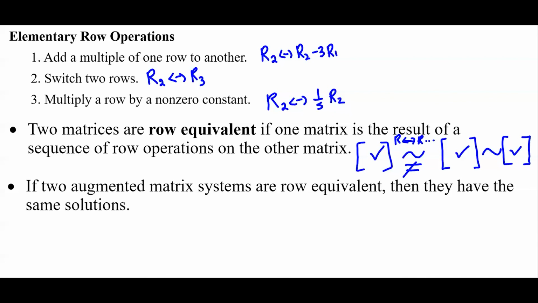Now, you might not get closer to the answer. You can get in these kind of loops if you're not doing these in a logical order. You can kind of create more work for yourself. So you want to be efficient when you're doing the row operations, and you want to make sure you're following the steps and taking advantage of things that come up.